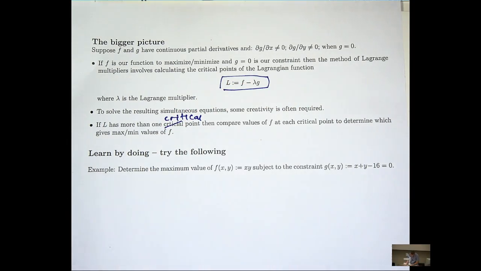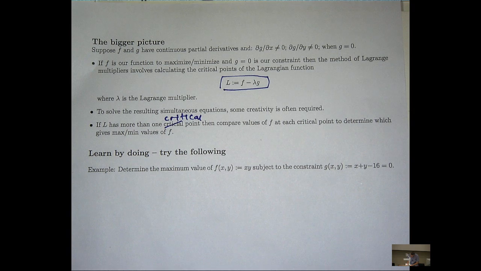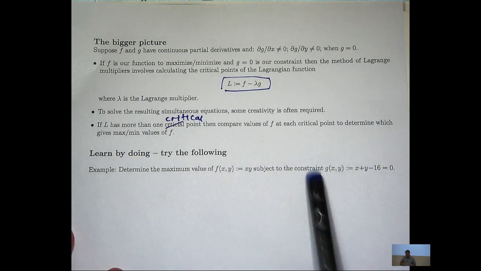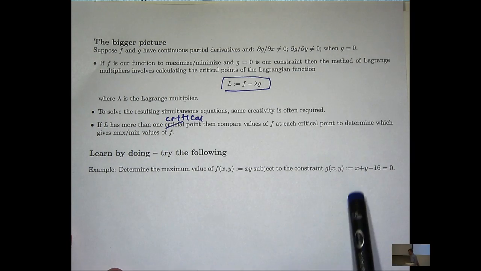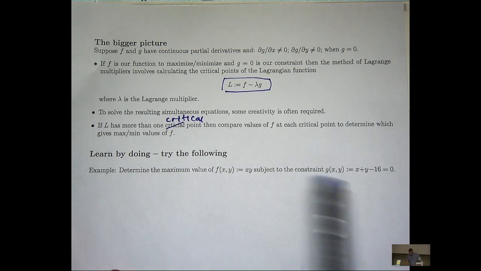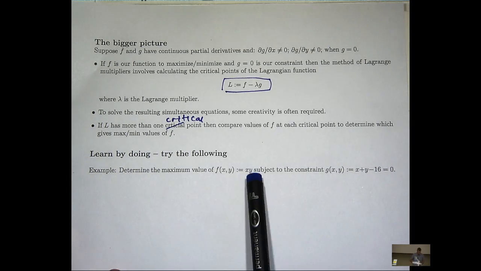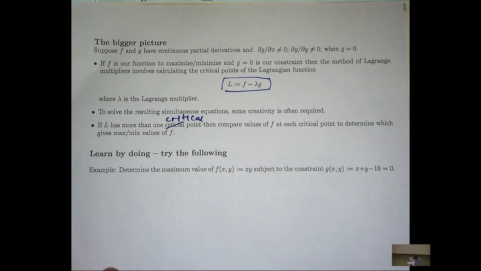And what we did was we compared the values of the function at each critical point. And then we just chose the ones that we wanted. So here's an example for you to try. Here's a function xy subject to this constraint here. So this is a plane. Determine the maximum value of this function subject to this constraint.